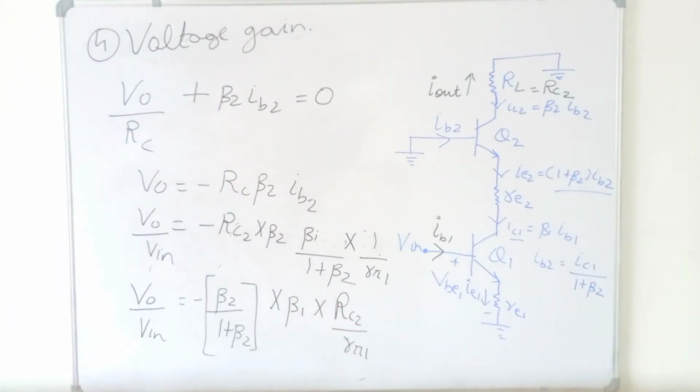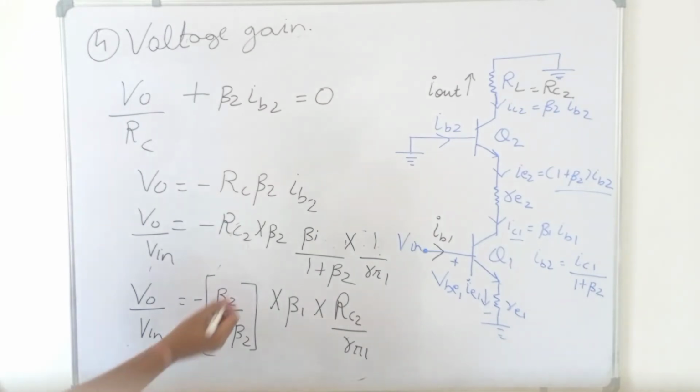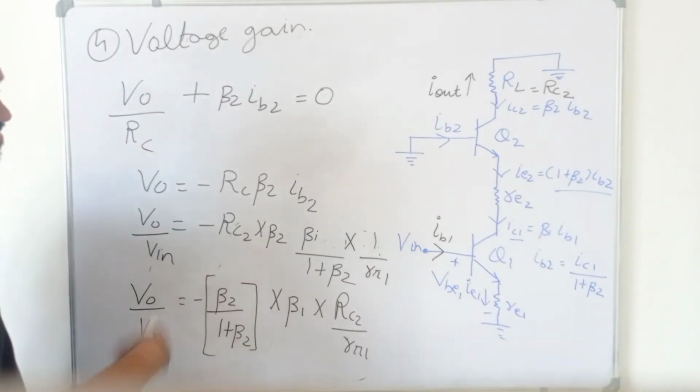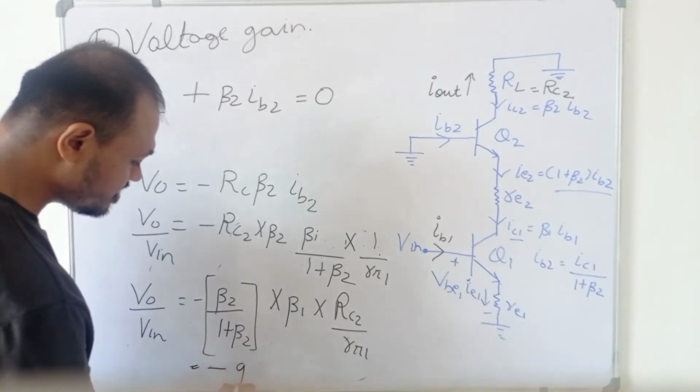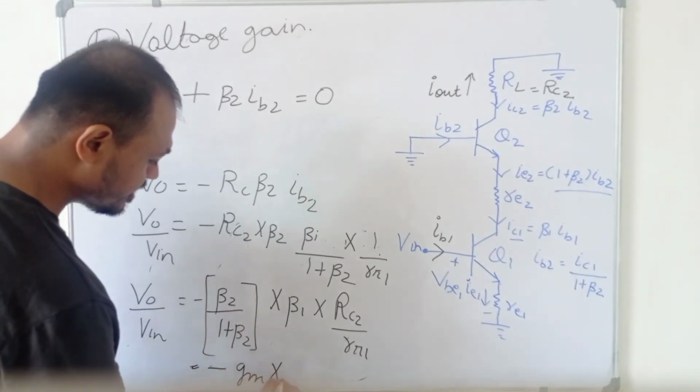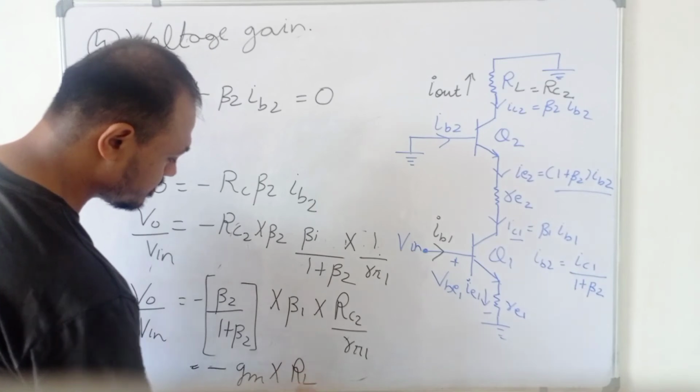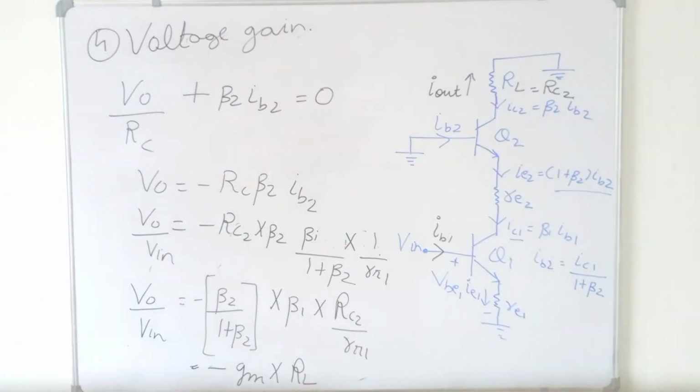Beta 1 upon R pi 1 is nothing but GM. So this will be equal to minus GM, and this is approximately equal to 1. So this is nothing but minus of GM into RL. Okay, so this is the voltage gain for the cascode stage.